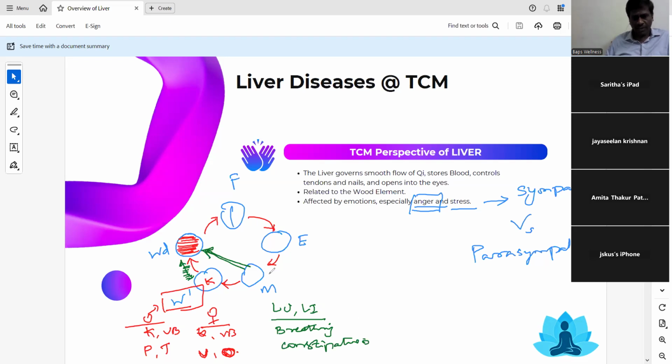That also will be seen. So we need to check which element is involved along with the wood element.